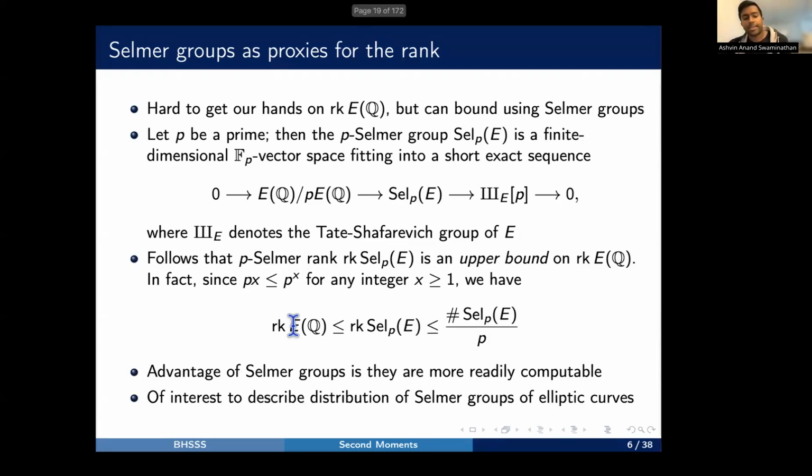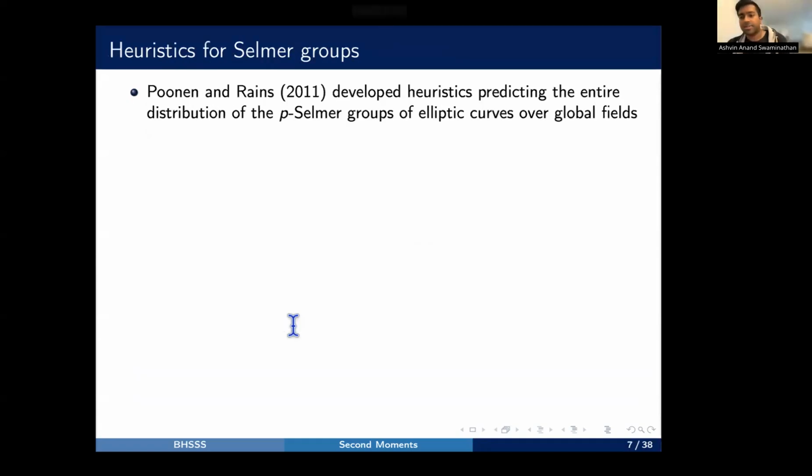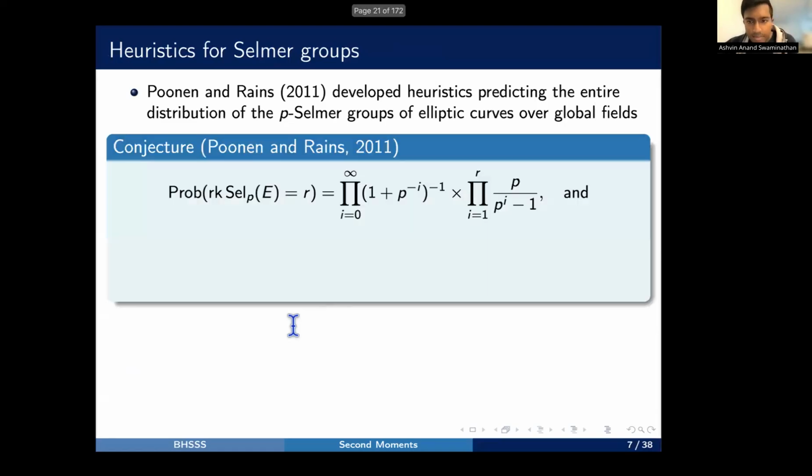And then it becomes a problem of interest in its own right to describe the distribution of Selmer groups of elliptic curves. So that leads us to the conjectural distribution, which was formulated by Poonen and Rains about 15 years ago. They developed heuristics that predict the entire distribution of the P-Selmer groups of elliptic curves over global fields. So let me state what their conjecture says.